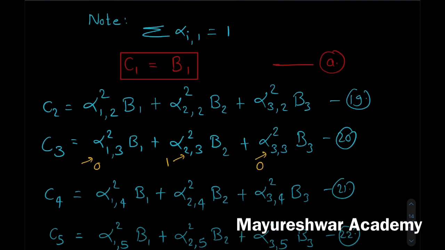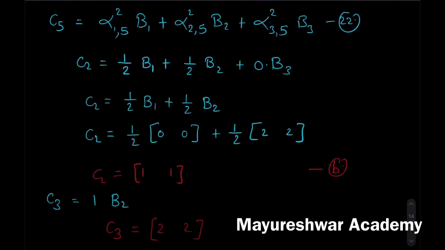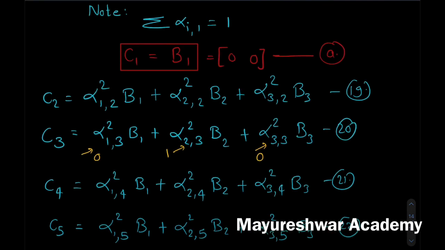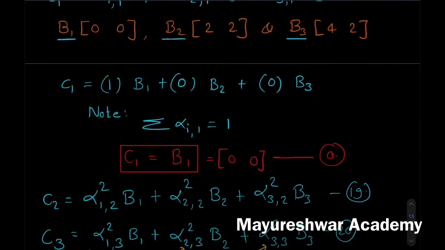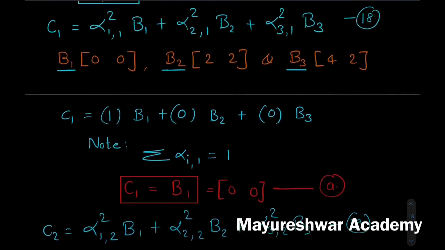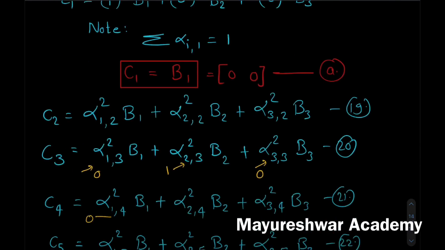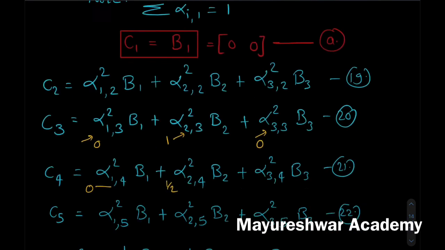Okay, let us go for C4. Before that, C1 is 0 0. Alpha 1 comma 4 is 0, 2 comma 4 is half, and the other also has to be half because the summation has to be unity.